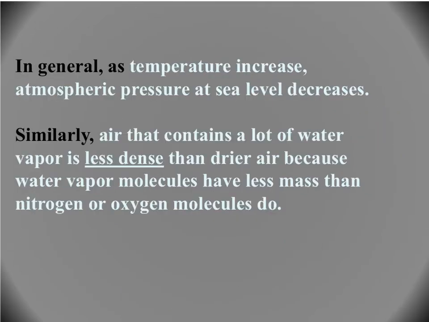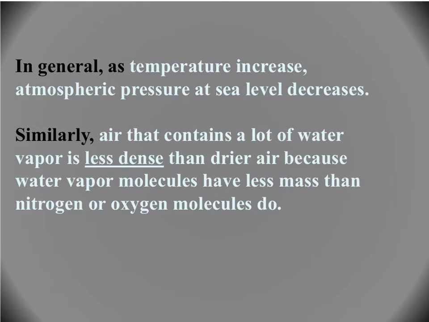In general, as temperature increases, atmospheric pressure at sea level decreases. So warmer places have a little bit lower atmospheric pressure. Similarly, air that contains a lot of water vapor is actually less dense than drier air, because water vapor molecules have less mass than nitrogen or oxygen molecules do. This might be counterintuitive.